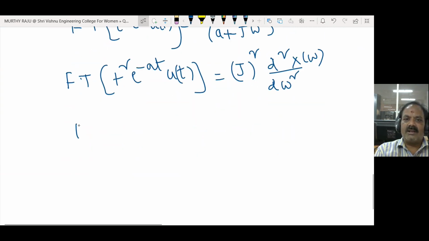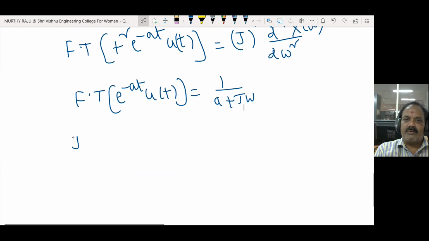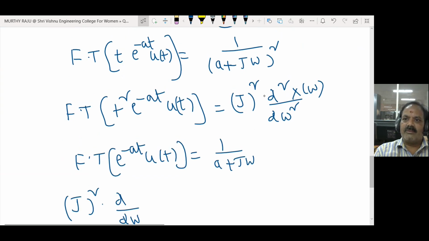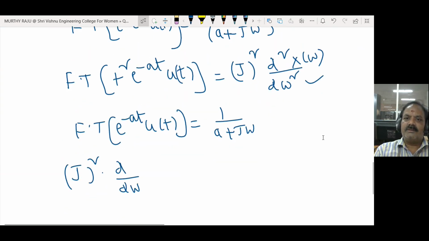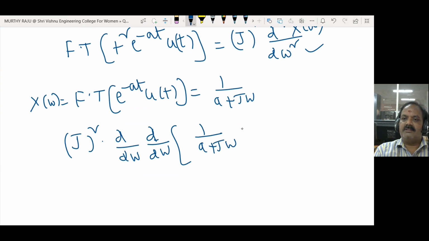We already derived that the Fourier transform of e power minus at u of t is 1 by a plus j omega. Therefore j square into d by d omega. Consider this function: x of omega is 1 by a plus j omega.